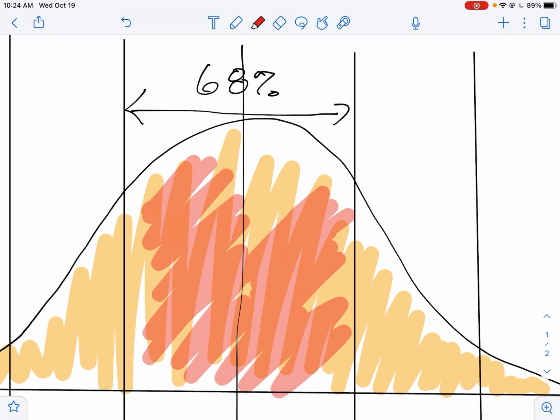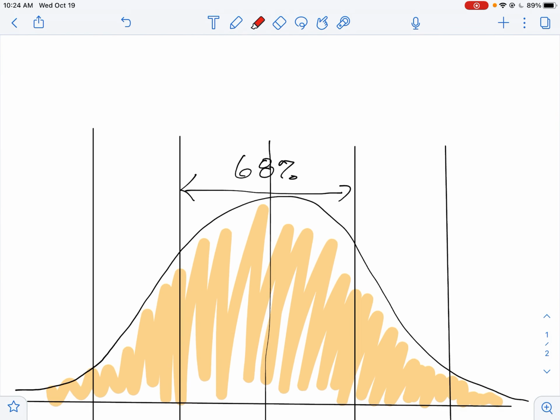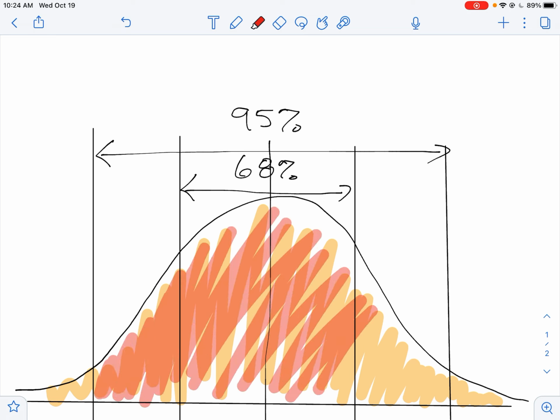Or maybe it's my statistics. Again, it depends on what my distribution is representing here. But you'll notice that so much of it's already colored in within 1 standard deviation. Now, 95% of it is accounted for within 2 standard deviations, which again makes sense because when I go out 2 standard deviations, I've got almost the whole thing colored in here.